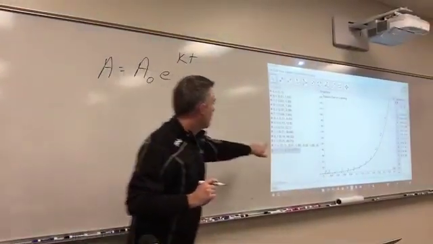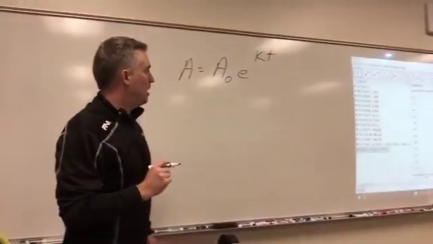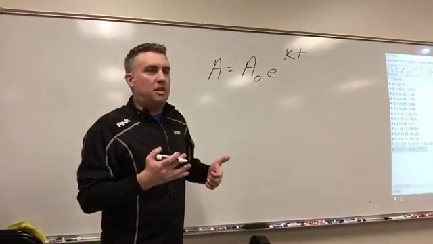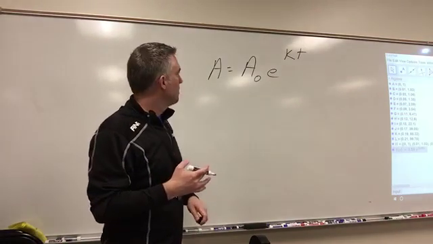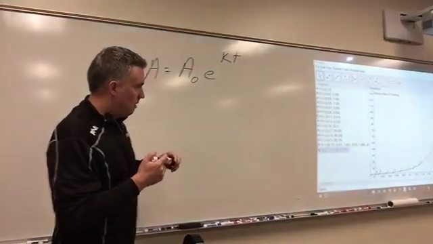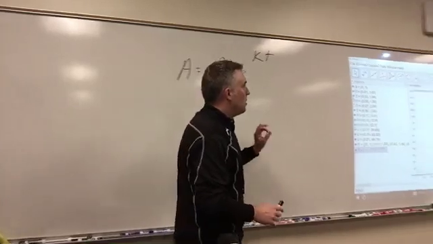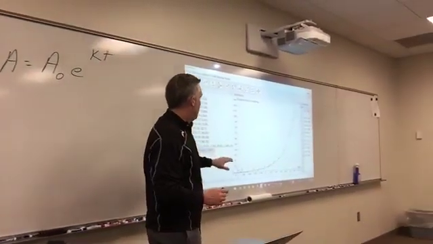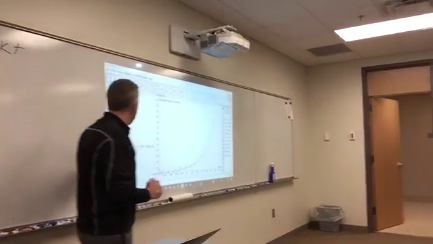The K, that's 23.82, is our, if it was money, it would be the interest rate. 23.8% if you want to think in terms of money. So like the rate, E is just E. A naught is the beginning amount, which we already said the beginning amount was going to be 1. And they're saying it's 0.58.